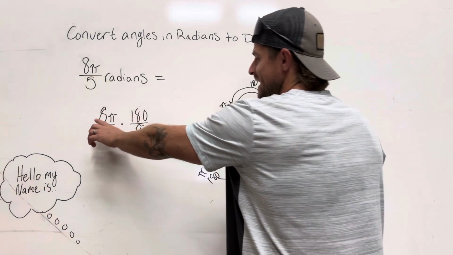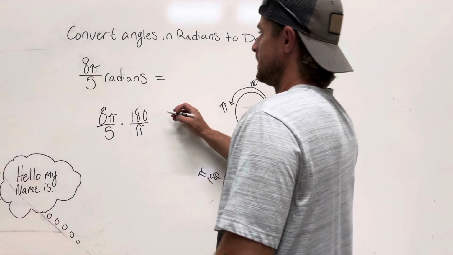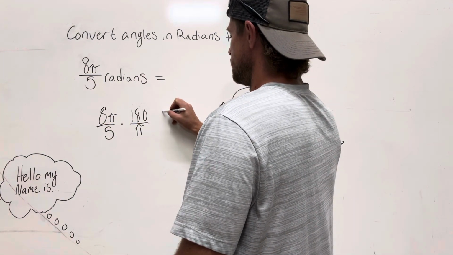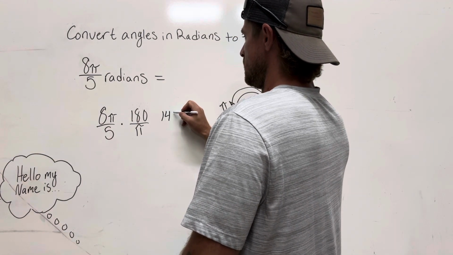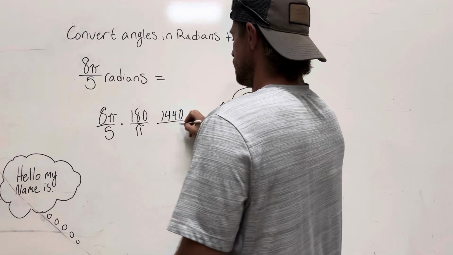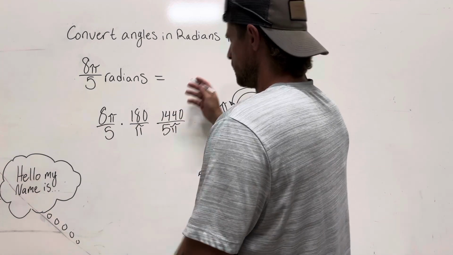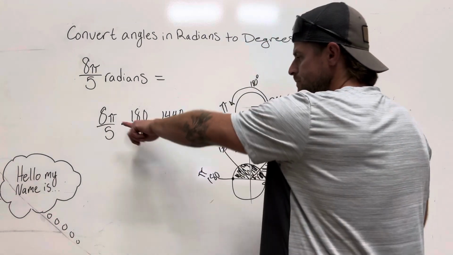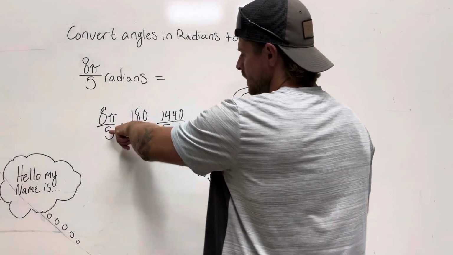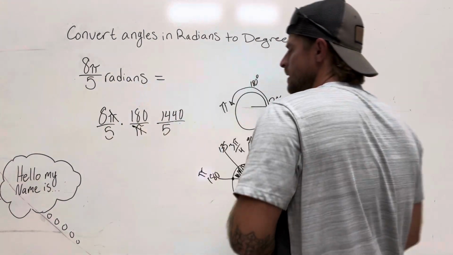So we're going to say 8 times 180. Let's see, that's going to be 1440 over 5. The pi's cancel. 5 times pi cancels the pi's.